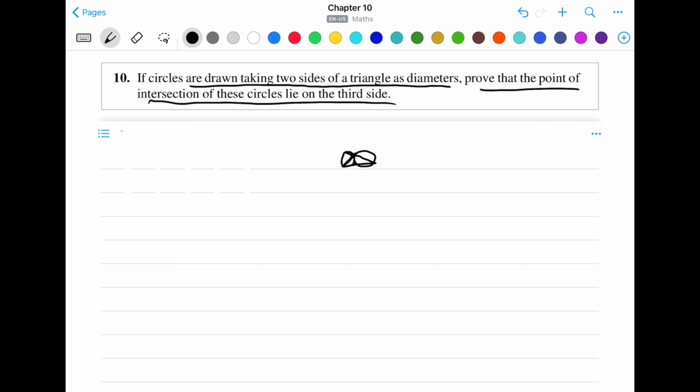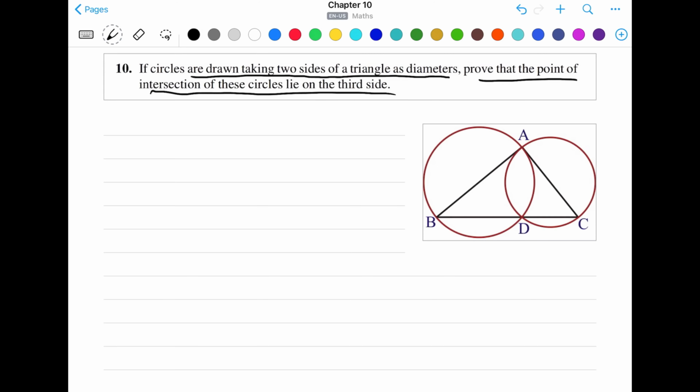Then the point of intersection of the two circles must lie on the third side. Let's draw this diagram first. We have this triangle ABC whose sides AC and AB are taken as diameters to draw two circles, and they are intersecting at a point. We have to prove that this point D is lying on the side BC.